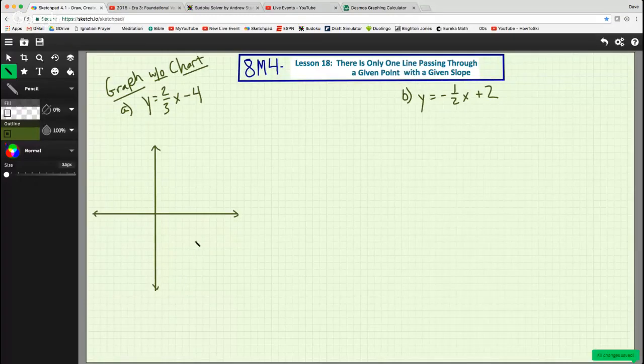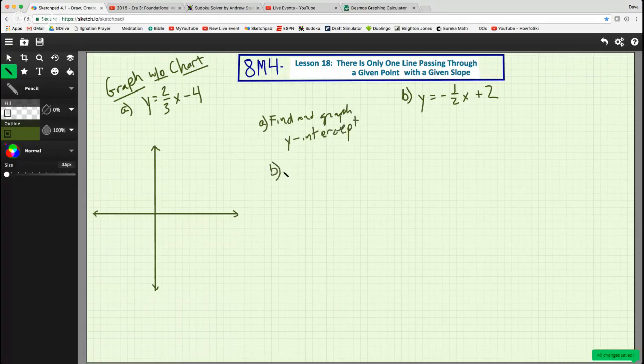So the first thing we're going to do is find and graph the y-intercept. And that'll be a point that's on the line.